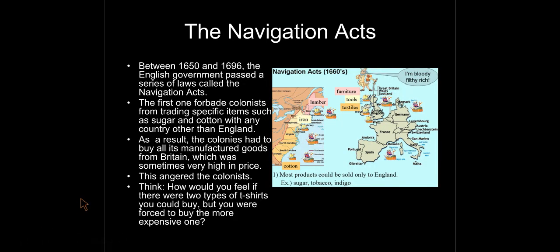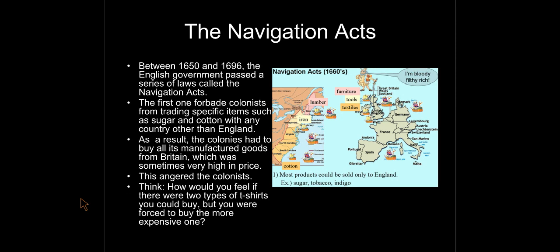Alright, so the way that England started to control the laws in order to make more money is that they passed a series of acts known as the Navigation Acts. And this is essentially a bunch of laws that stated who the colonies could and could not sell to.